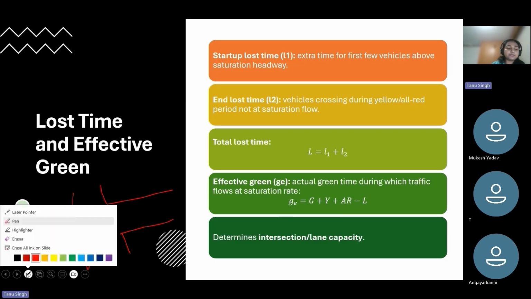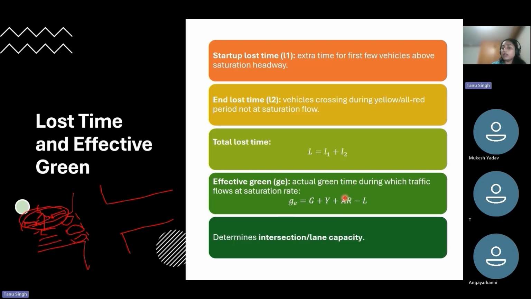Vehicles move firstly during the green portion when the traffic light is green. Vehicles also move when the traffic light is amber or yellow, and vehicles also move or clear the intersection when it is all red on all legs of the intersection.